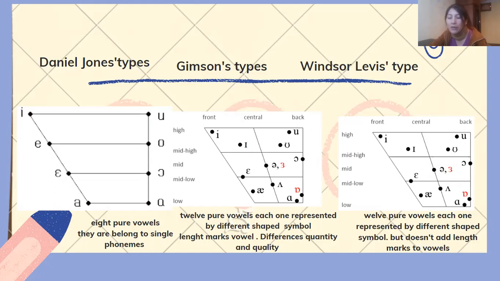He relates the difference in quantity and quality, about the sounds, the vowels and the consonants. And the Windsor-Lewis type is different. He uses the 12 pure vowels, but he doesn't add length marks to vowels. That is the difference between those transcribers and the types of transcription.